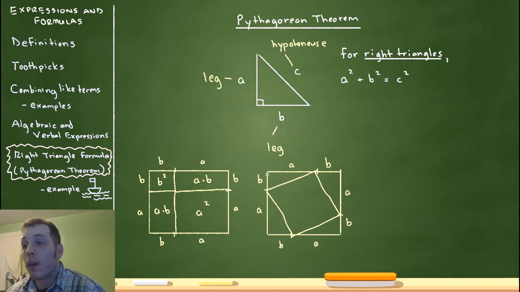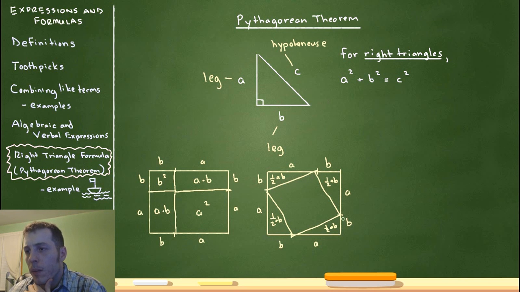You could call the base B, the height A. That would be fine. So this would be 1/2 AB. And the same thing with here. Half the base times the height, that's the area. 1/2 AB. And this is 1/2 AB. And this is 1/2 AB.